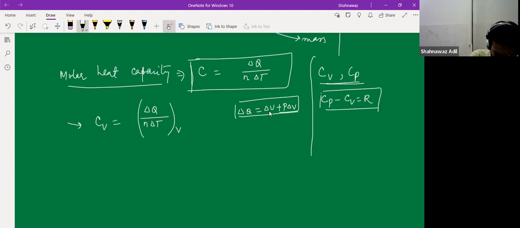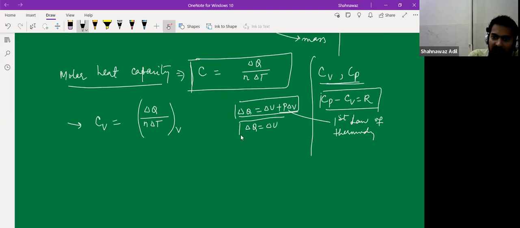Can you recall? When I talk about thermodynamics, I will cover this. So let's take it for granted for now. You will learn that the first law of thermodynamics is this. You are working at constant volume, so delta V is 0. So heat is internal energy.